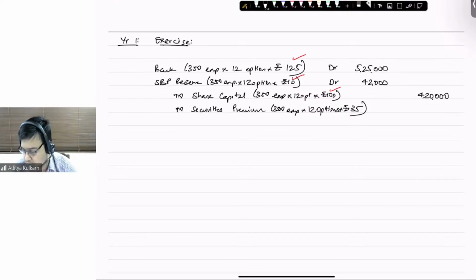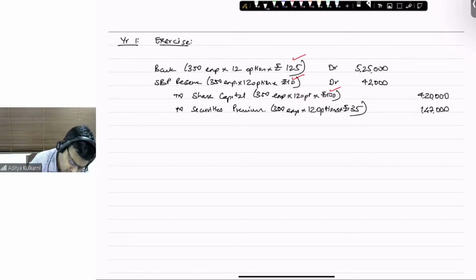So 350 into 12 into 35 gives you 1,47,000. Excellent. Manini has confirmed Soham's calculation is right. Have you guys understood? Yes.